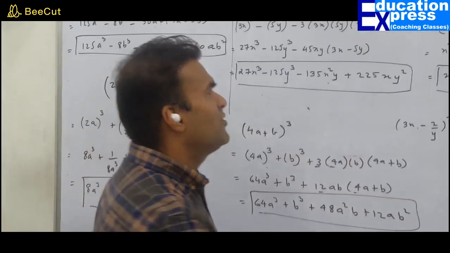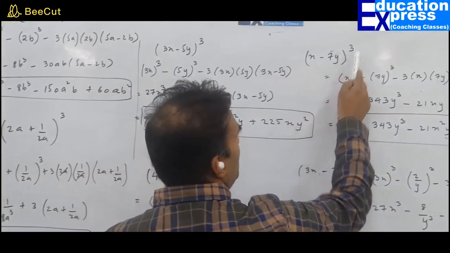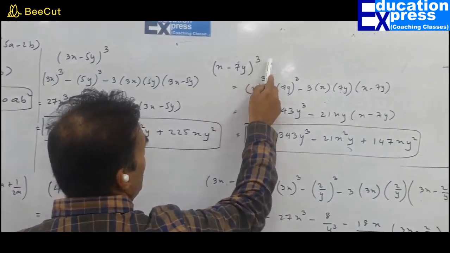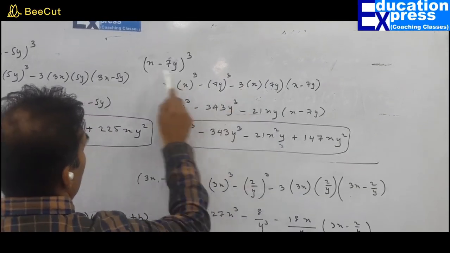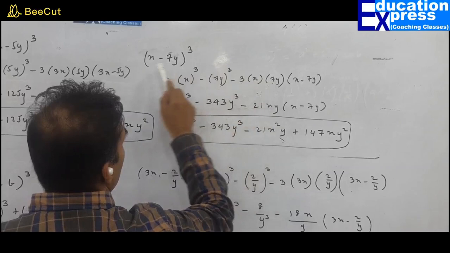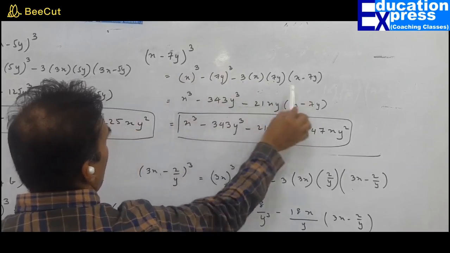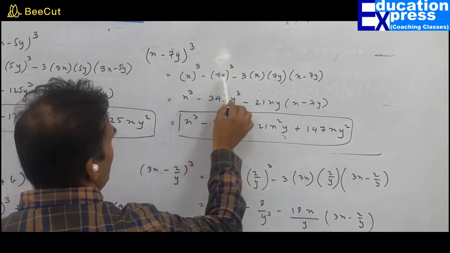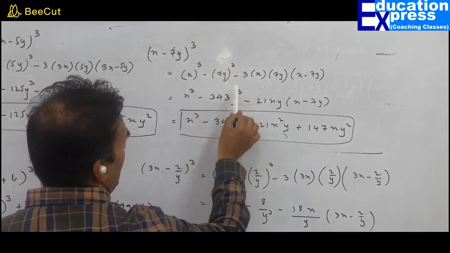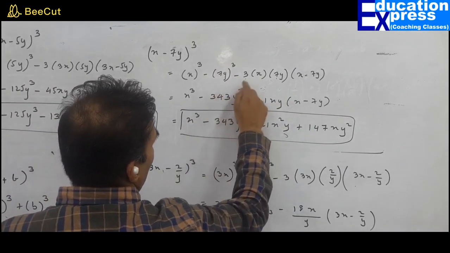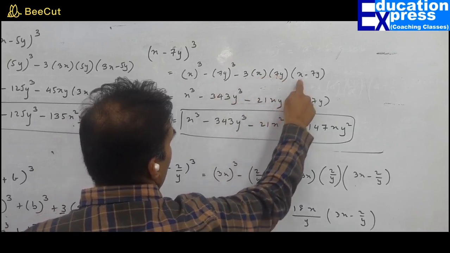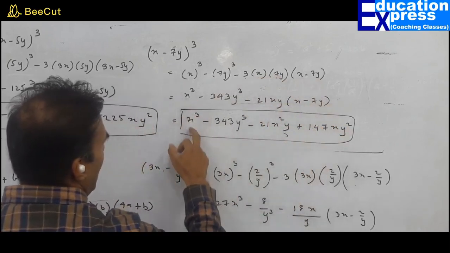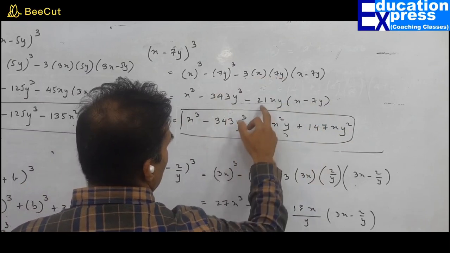Have a look at this question. x minus 7y the whole cube, a minus b the whole cube, a cube minus b cube minus 3a minus b. Now when you open this, x becomes x cube, 7y cube becomes 343, y cube minus 3 into 7, 21, x into y, xy, x minus 7y as it is. x cube same to same minus 21.